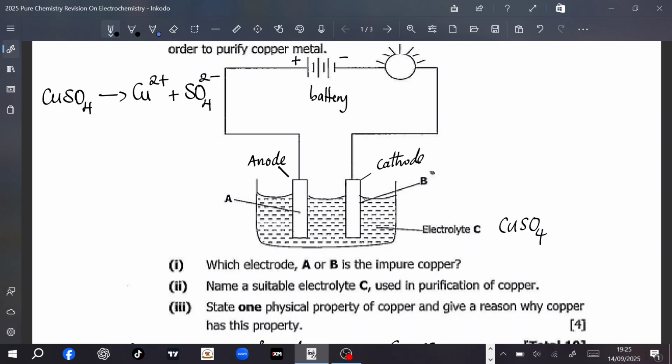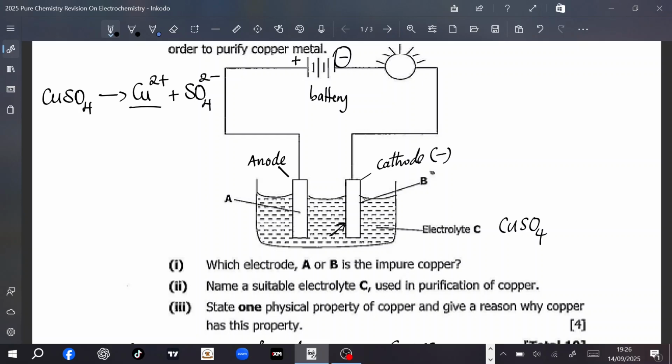Now, the moment this decomposition occurs, the copper, which is positively charged, is attracted to the cathode, which is negatively charged. Why? Because it is connected to the negative terminal of the battery. So it will be attracted here.